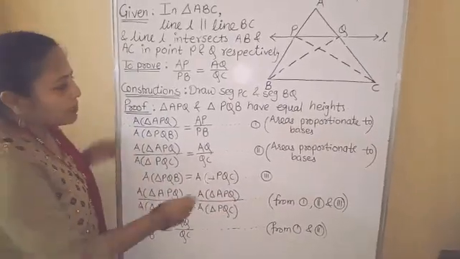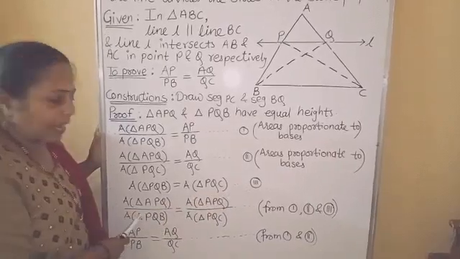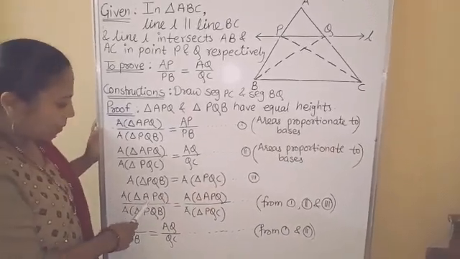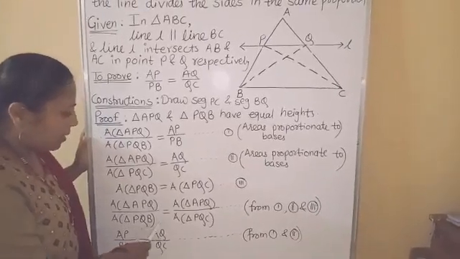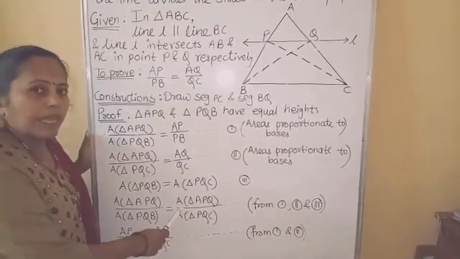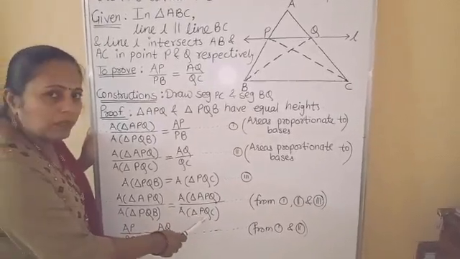Okay. Now from statements number 1, 2 and 3, we can say area of triangle APQ upon area of triangle PQB is equal to area of triangle APQ upon area of triangle PQC.